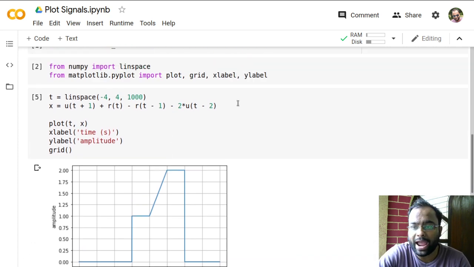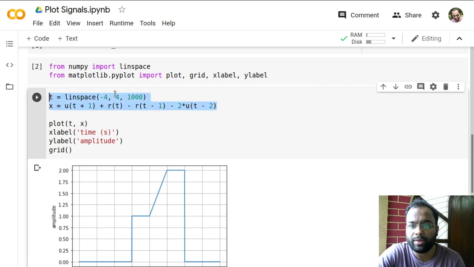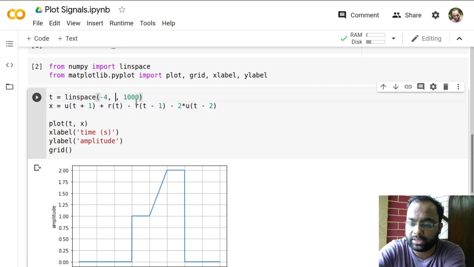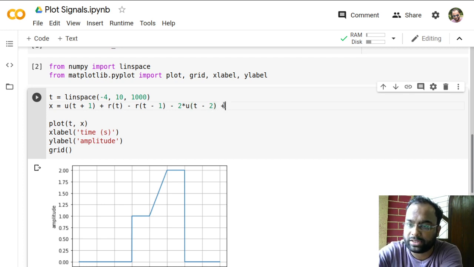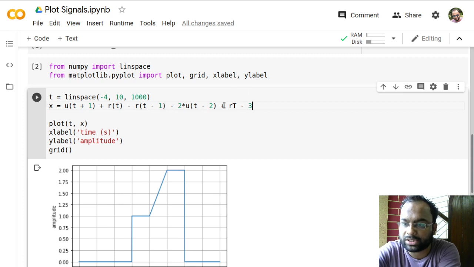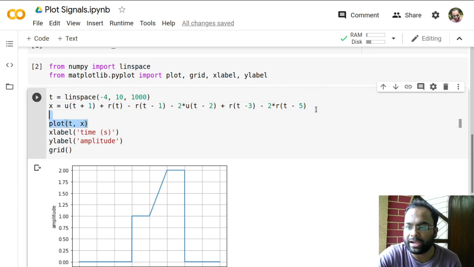Subsequently, if you want to add up something else, for example, I want to plot from t equal to this to this, and say I want to add up something else, say for example t minus 3, who knows, t minus 3, okay, and then I want to do minus 2 r t minus 5, something like that.